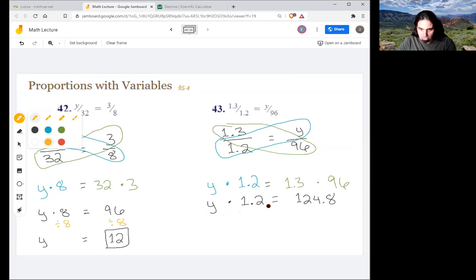Okay, finish up times 1.2. It's always going to be divided by the thing stuck onto your letter. You never have to worry, do I divide, do I multiply?